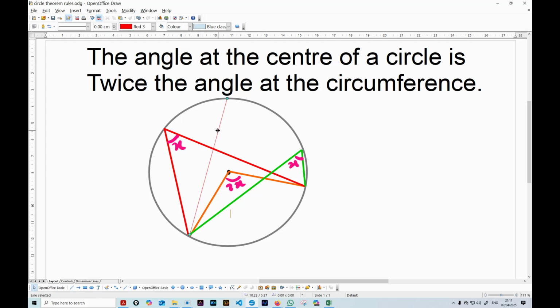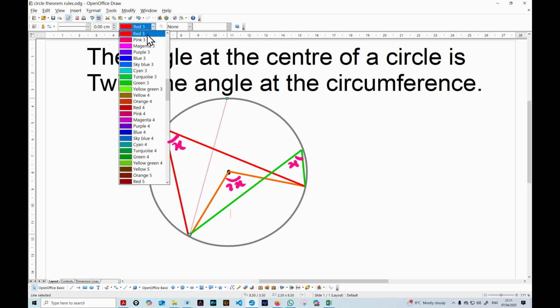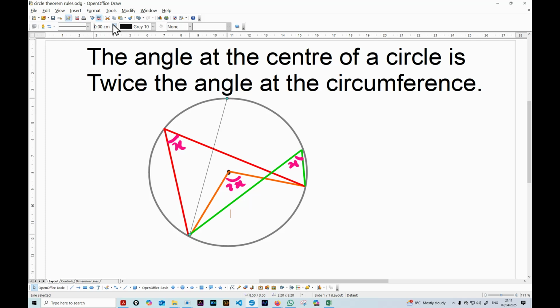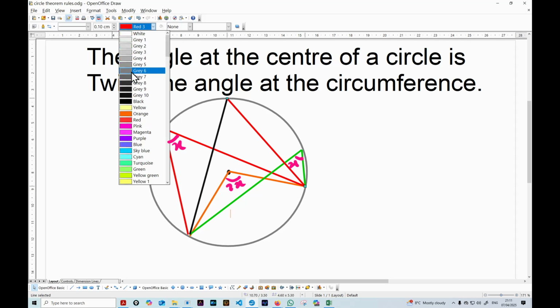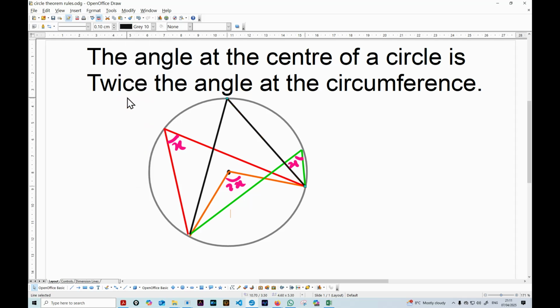I'll have this one as a black one, and another line originating from this point, touching the circumference. That's very key, important information for you to know.